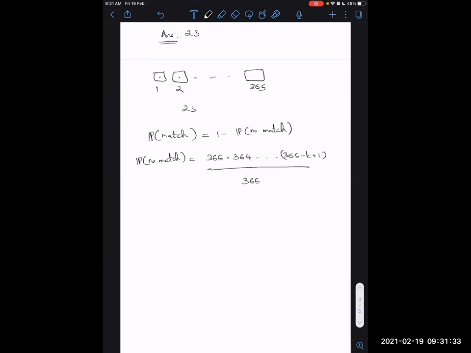It's not 365, it's something else. The denominator has no constraints, but the numerator had the constraint that no two people can have the same birthday, and that's why it became 365 times 364. That's the hint. So what would be the denominator for k people?